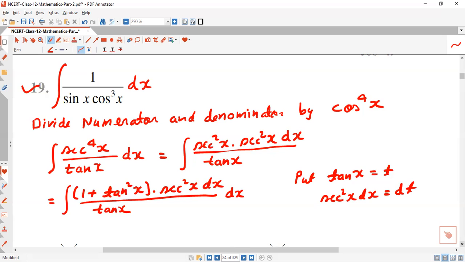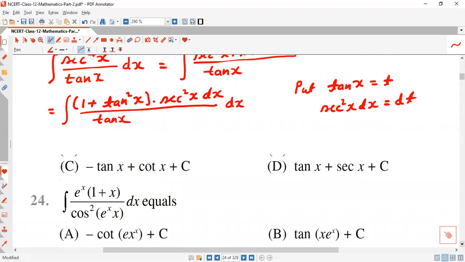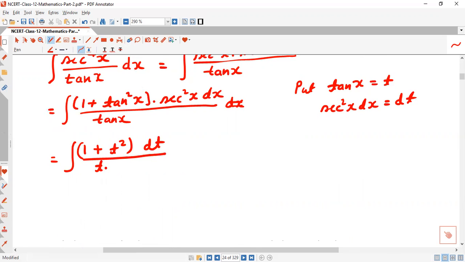So this integration now becomes (1 plus t square), with sec square x dx equal to dt. In the denominator, we have tan x, that becomes t.